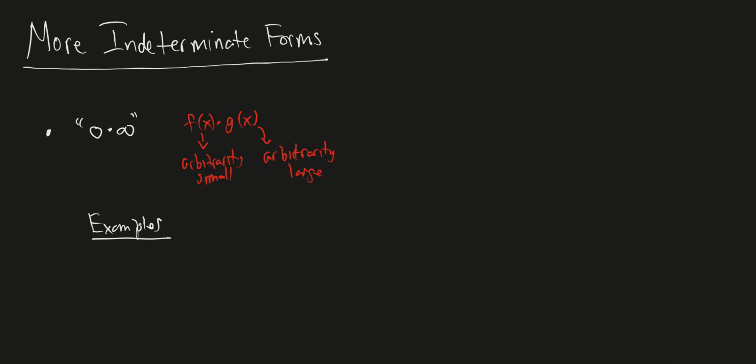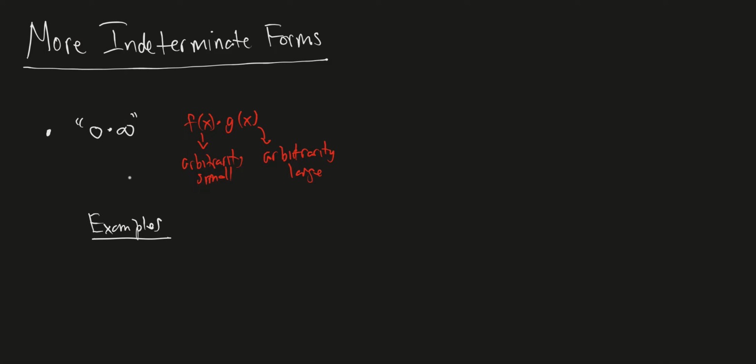The goal here is to use algebra to convert this product into a fraction where it's either of the form 0 over 0 or infinity over infinity, right? In fact, in general, that's going to be the goal in all the cases that we look at in this video.